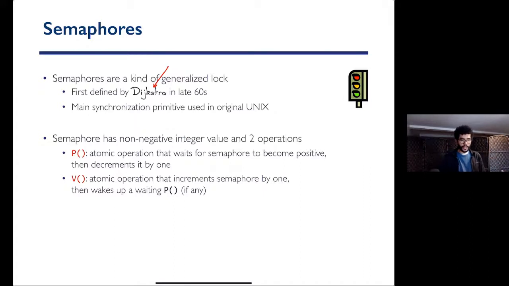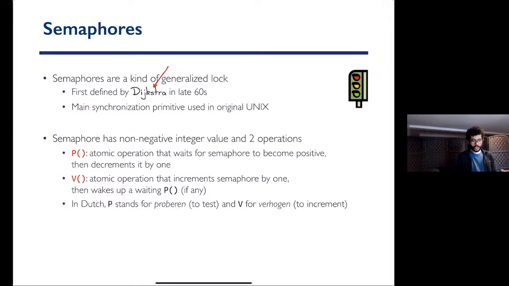Now, the second one, the V operation, increments the semaphore by 1. So whatever the value is, you add +1 to it, and then if there are waiting threads, you wake them up. Okay.